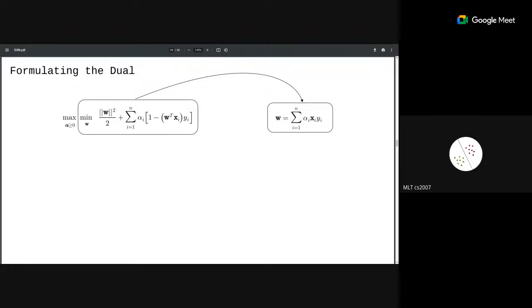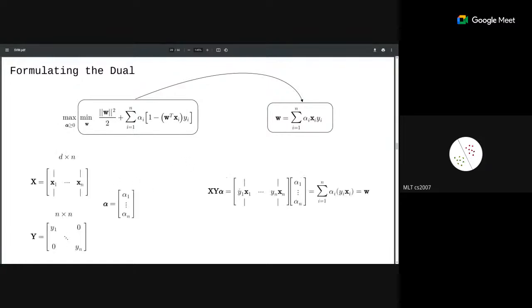So now you can plug this W back into this, and you can express the optimization problem in terms of alpha. In order to do that, we are going to write W as a product of some matrix terms and some vector terms.